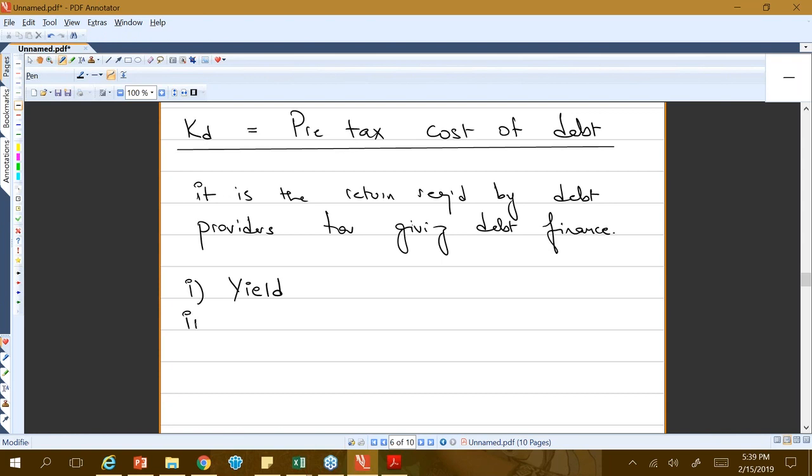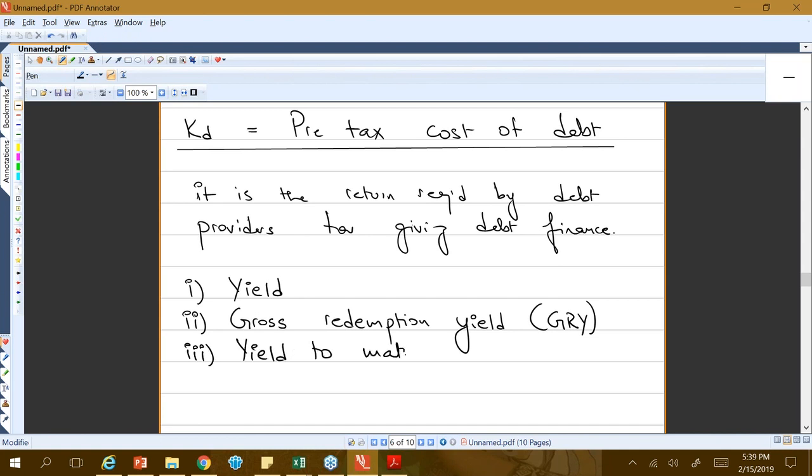It is also known by the term gross redemption yield, or GRY. It is also known by the term yield to maturity, YTM.